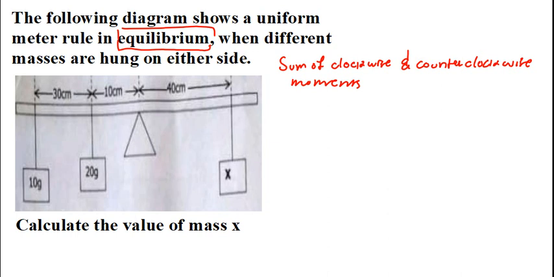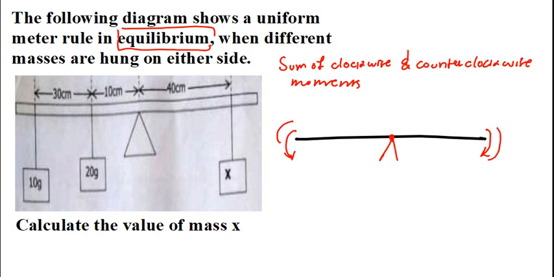So it's more like we are given this meter rule, something of this kind. Then at this point you have a pivot, the turning point. If this is to go in this direction and that is to rotate in this direction, so this is counterclockwise and this is clockwise.